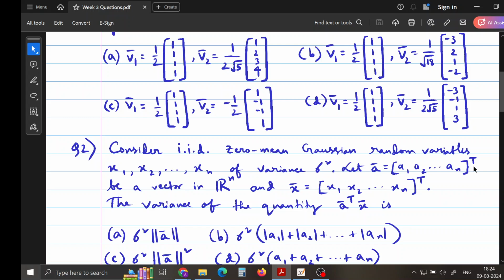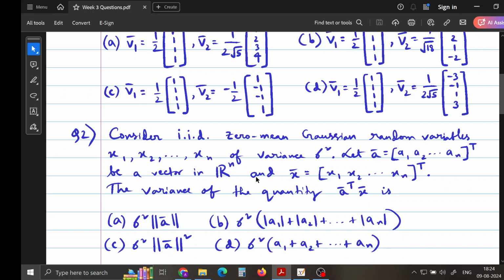And this x bar is your Gaussian random vector, which consists of the Gaussian random variables x1, x2, all the way till xn. You have to find the variance of the quantity a transpose x bar.